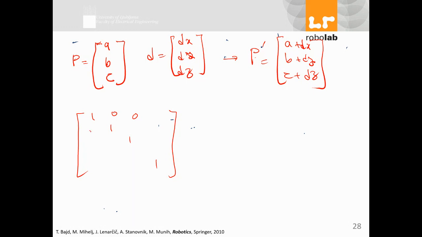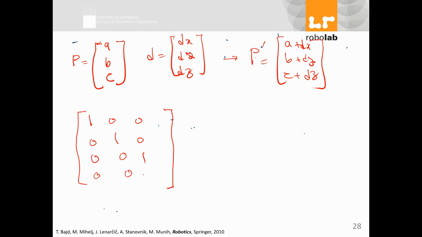1, 1, 1, 1. 0, 0, 0. So let's do it the proper way to understand. 1, 0, 0, 0, 1, 0, 0, 0, 1. Then I have 0, 0, 0, 1.